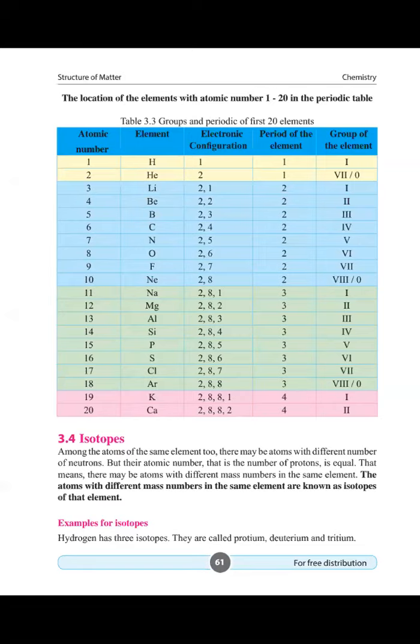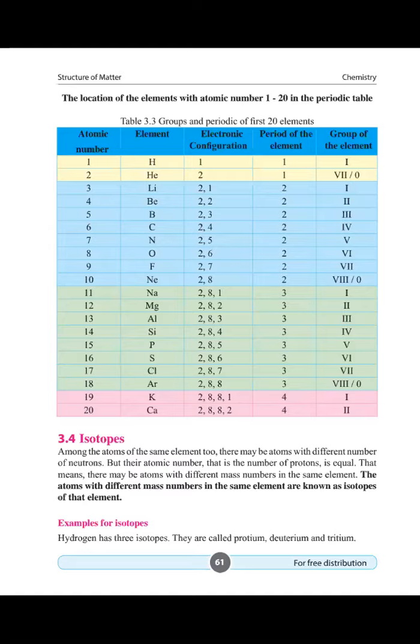But the same element can have different neutrons. It means the atomic number is the same, but the mass number can be different.